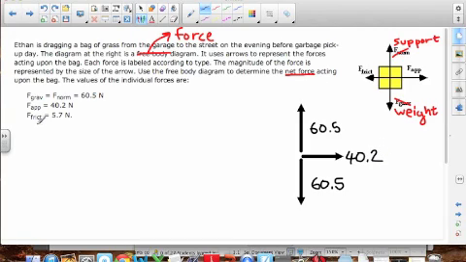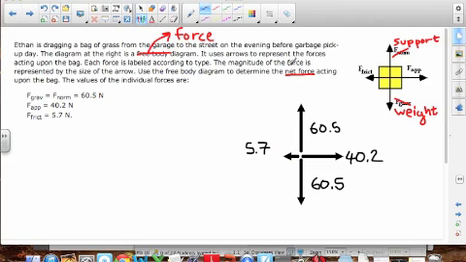And then the force of friction, which opposes the direction of motion, which in this case is the direction that Ethan is pulling the bag of grass, is much, much smaller. It is only 5.7 newtons.